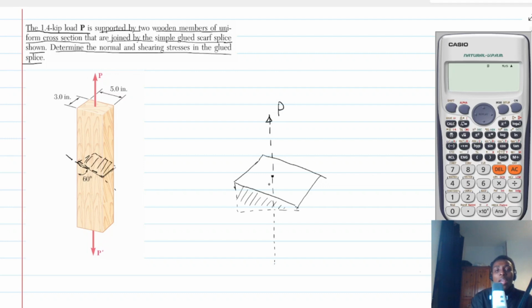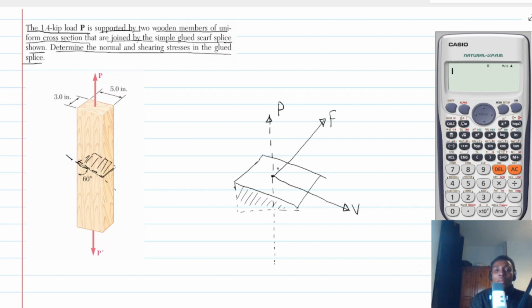Now, when you introduce a cut or a section, you have actually introduced shear force V. All right. And then there is this component of the normal force, but then it is going to be perpendicular to the surface or the section.